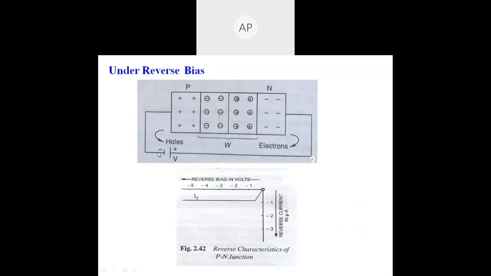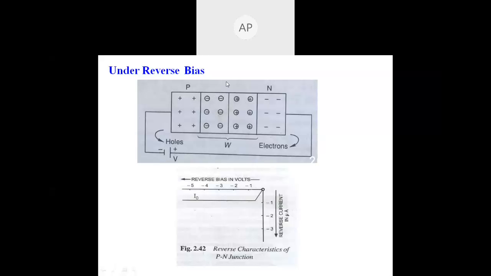As there are already accumulated negative ions near the junction before the external voltage is applied, there is no recombination, since negative ions meet negative ions near the junction. Therefore the width near the junction increases compared to the case of forward bias. So the depletion width is definitely more for reverse bias.